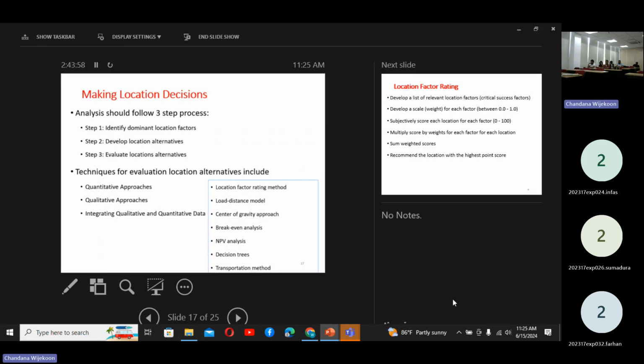Quantitative means numbers and formulas. Techniques like break-even analysis, NPV and all are quantitative techniques. In addition, the transportation method, center of gravity method, and load distance model are also quantitative techniques. Numbers and formulas will be used to evaluate.